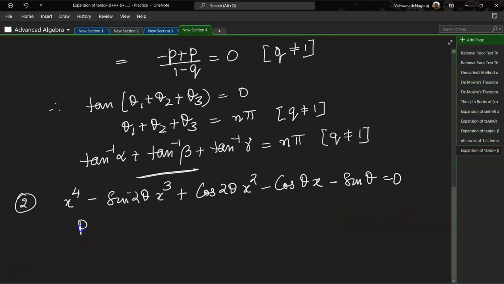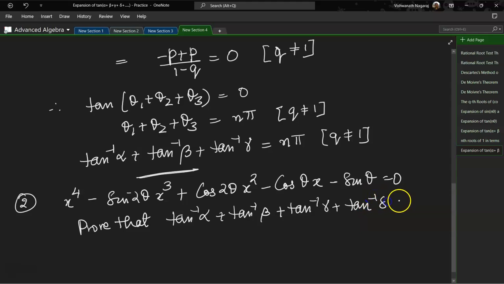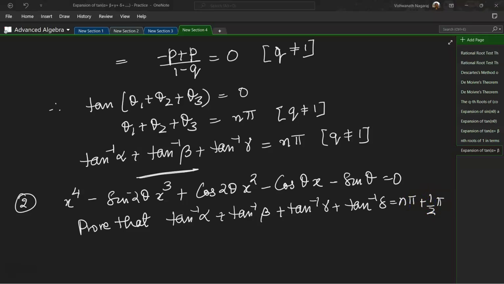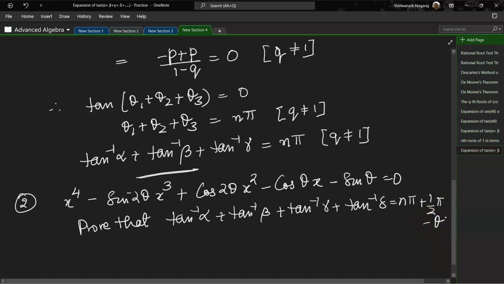Okay, now we have to prove that tan inverse of alpha plus tan inverse of beta plus tan inverse of gamma plus tan inverse of delta is equal to n pi plus half pi minus theta. Okay, now here alpha, beta, gamma and delta are the roots.